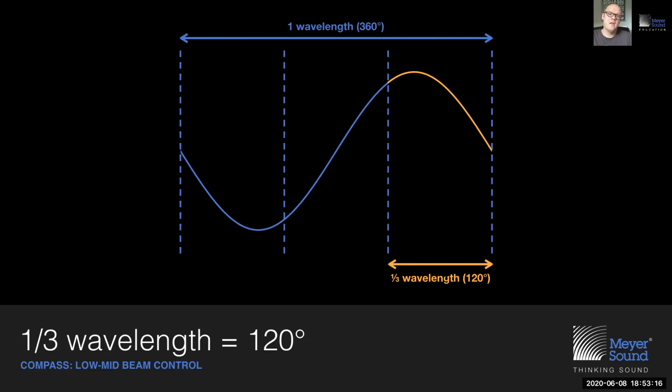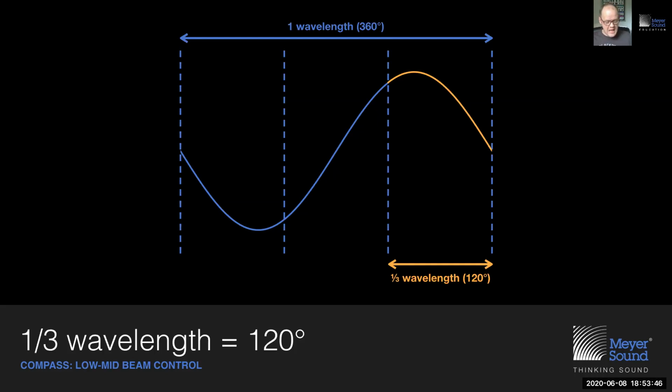Now, if this were 125 hertz, give or take, this might be 3 meters and change, which means that 1/3 wavelength would be about 1 meter. Sure, if you're 125 hertz. But if you're 1 kilohertz, then 1 wavelength is 34 centimeters, and 1/3 wavelength is about 10 centimeters, give or take.